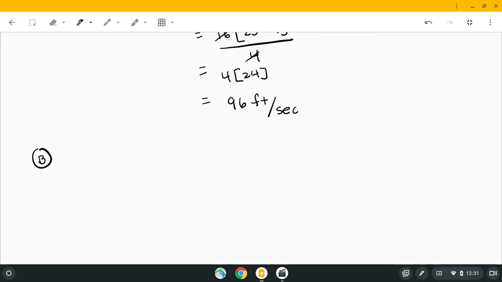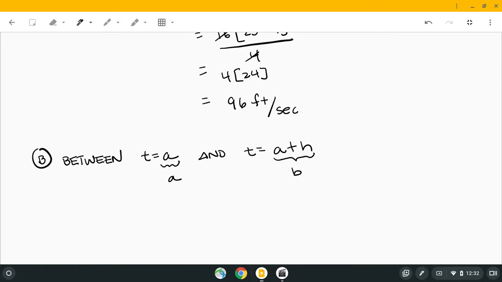Okay, so for this one, let's find the average speed between t equals a and t equals a plus h. Okay, so it's like this here is your b, and this here is your a, right?